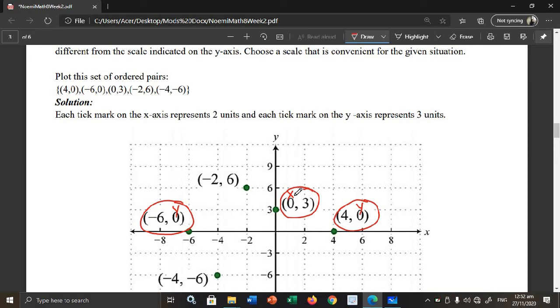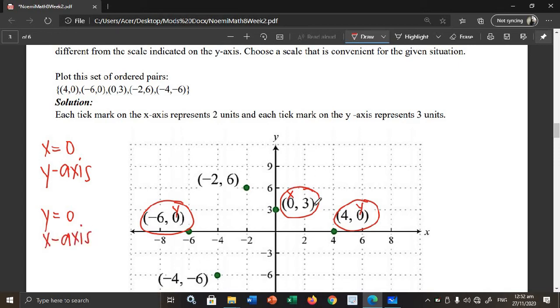So, kapag yung x mo ay 0, ang plotting mo nandun sa y-axis. So, baliktad. Kapag si x 0 siya, ang plot mo nasa y-axis. Kapag naman si y yung 0, ang plot mo ay nandun sa x-axis.